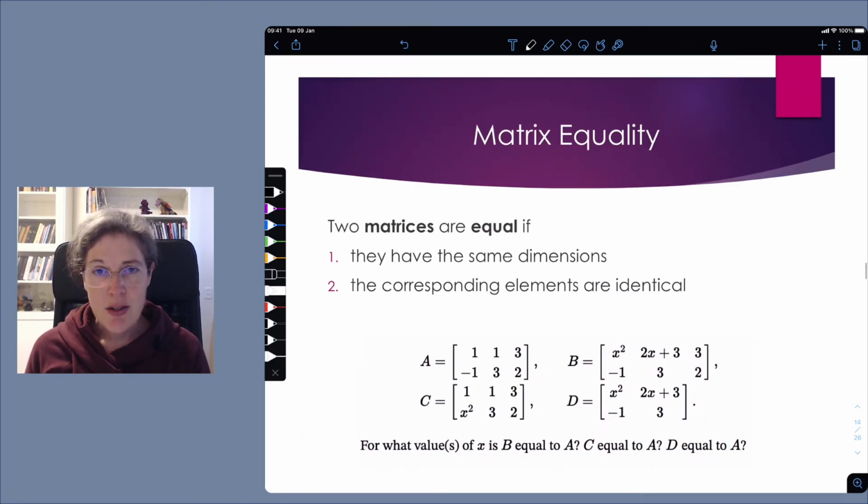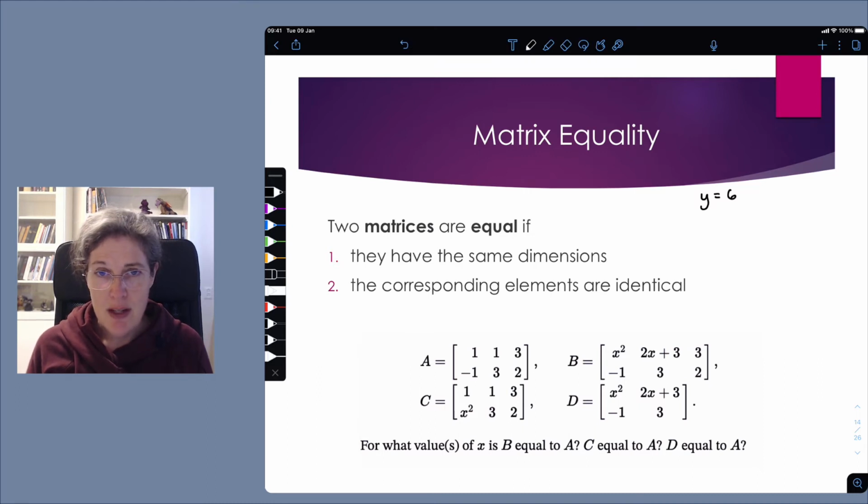So key to the idea of algebra is the idea of two things being equal, and how do you tell if two things are equal? We are really used to doing this. I mean, you know how to solve things like y is equal to 6. That means that y is equal to 6. But how do we talk about equality if we've got things like matrices which have more than one entry?